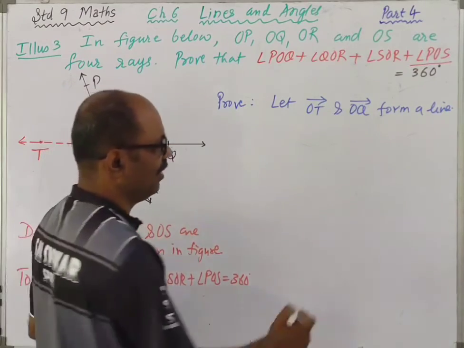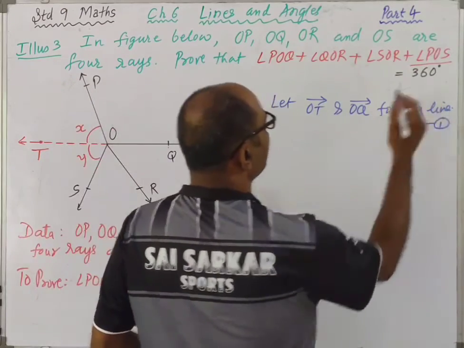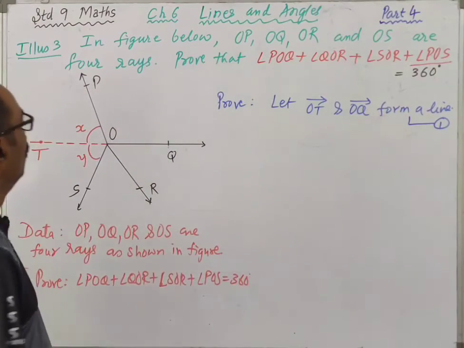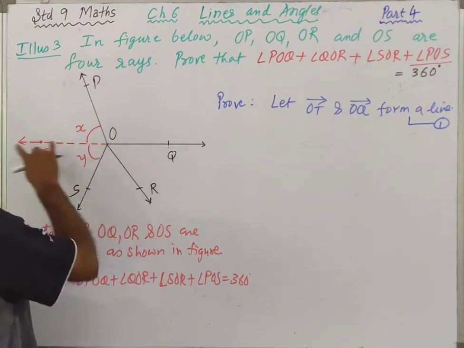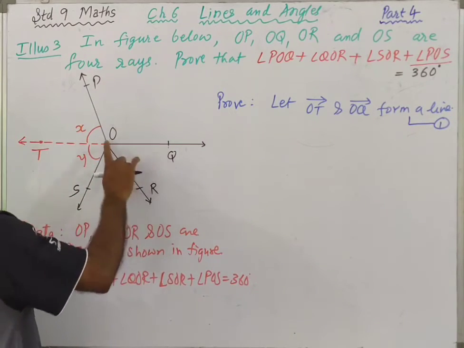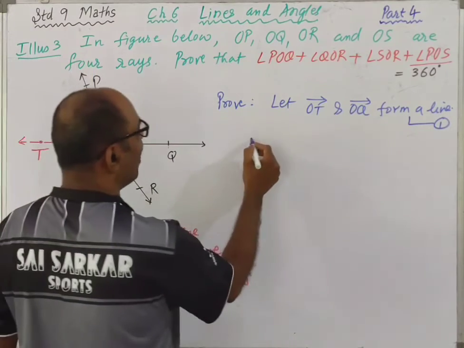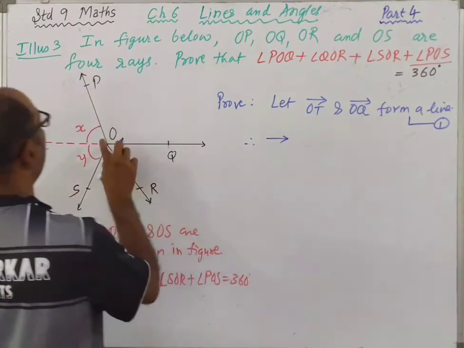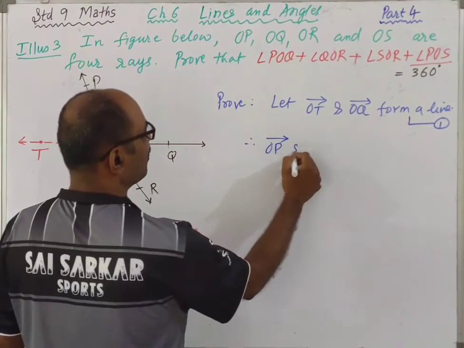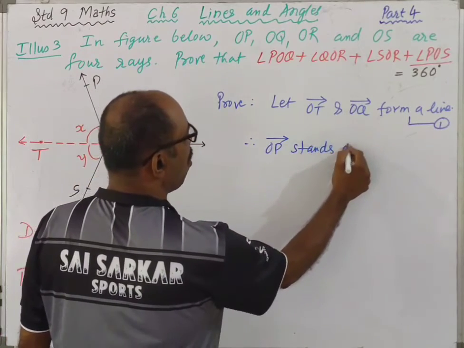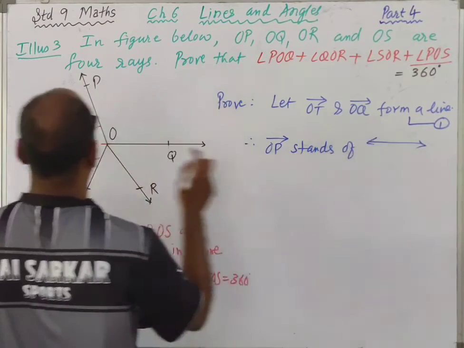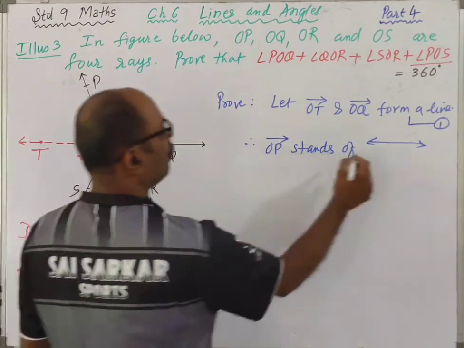We can say it either way. Call this result 1. They are forming a line. So now ray OP stands on a line TOQ. Therefore, ray OP stands on line TOQ.